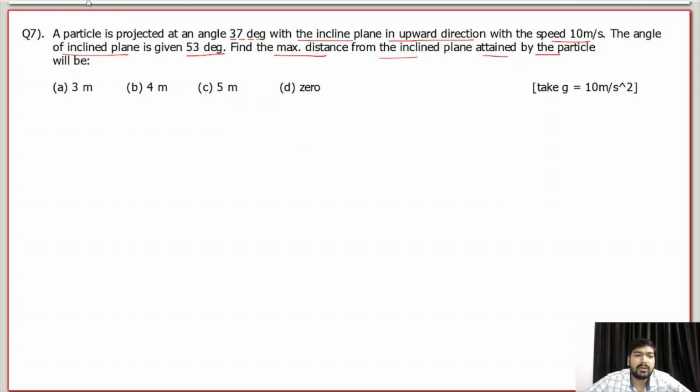So let's draw some figure for this. Suppose this is our inclined plane, and it's having the angle 53 degree. Okay, and the particle is thrown. This is fixed, and the particle is thrown from this inclined plane, this inclined surface, at some angle.